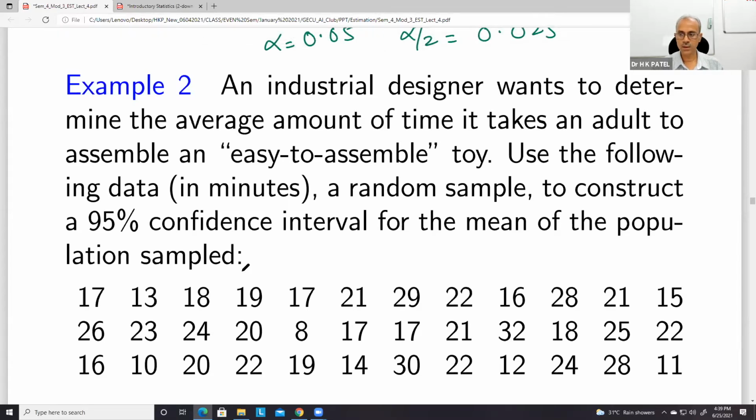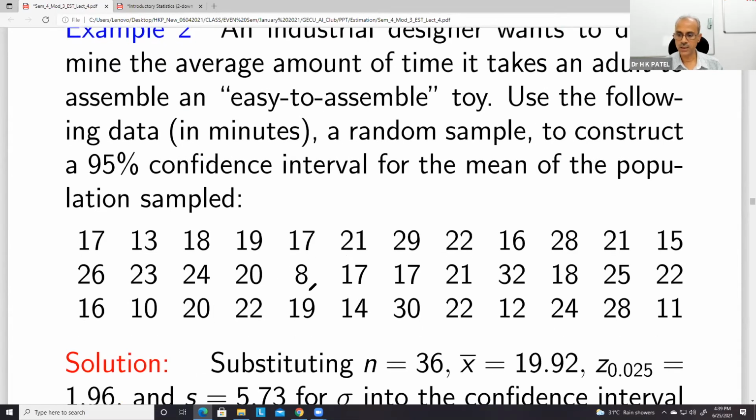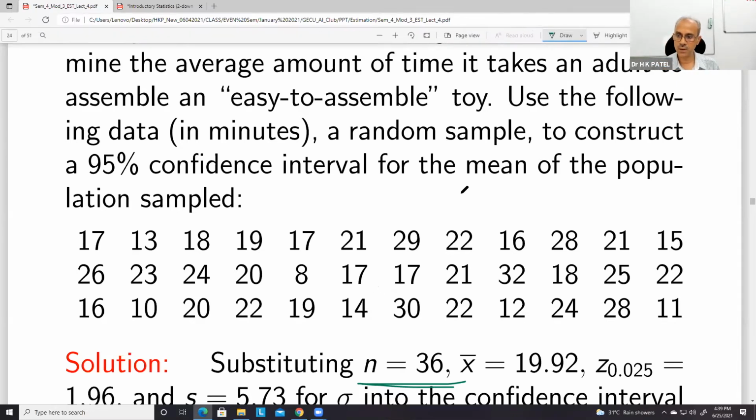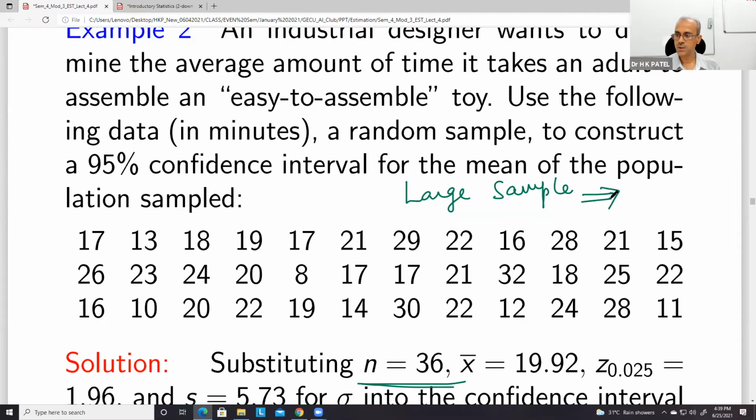Okay. So again, you can see how many values are there. It is definitely more than 30. 36 values are there. Okay. So with 36 as a large sample, we can use a Z interval, the Z curve or normal curve.